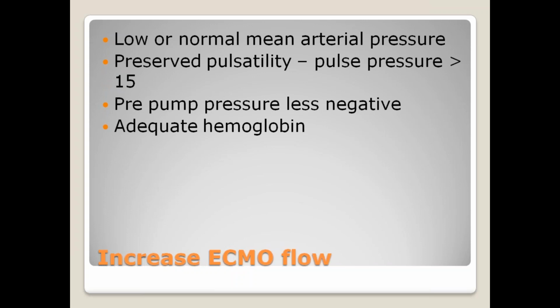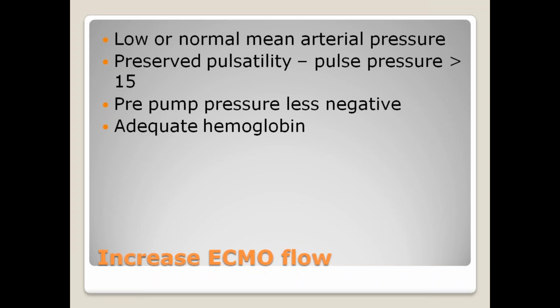So if you have a low or normal mean arterial pressure, if the pulsatility is still preserved, the pre-pump pressure is not very negative and hemoglobin is adequate, then what you need to do is increase the ECMO flow.